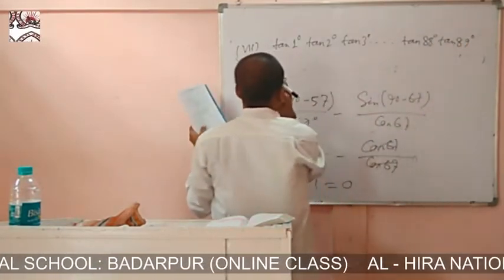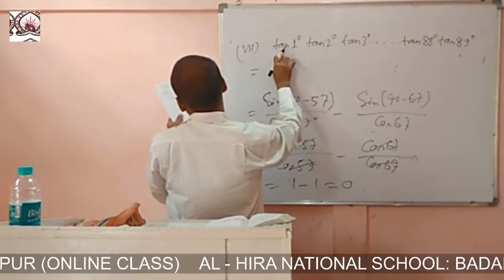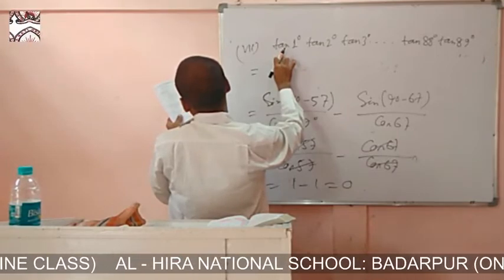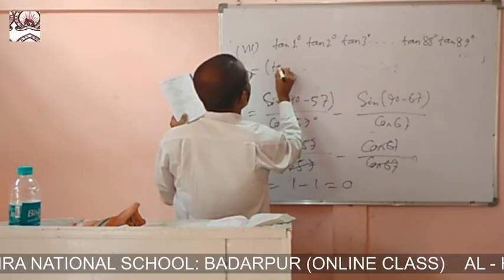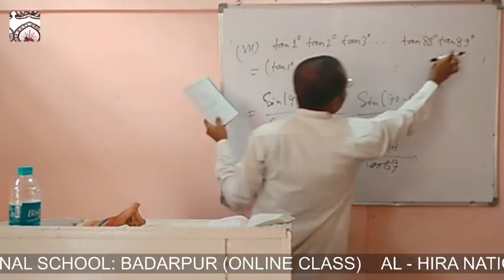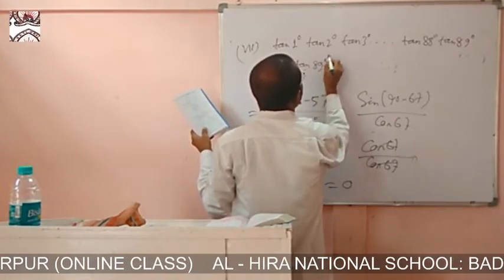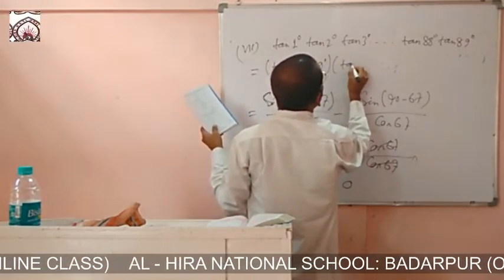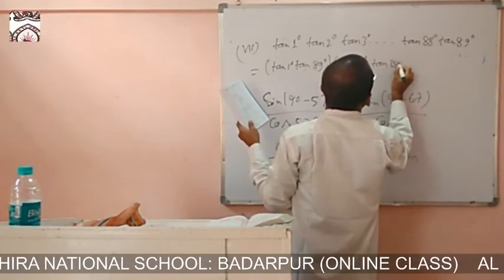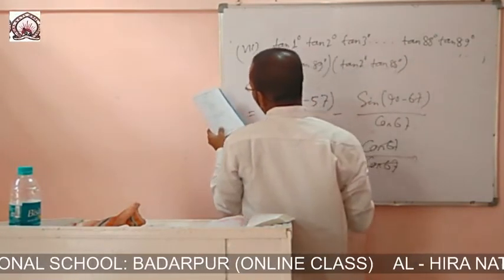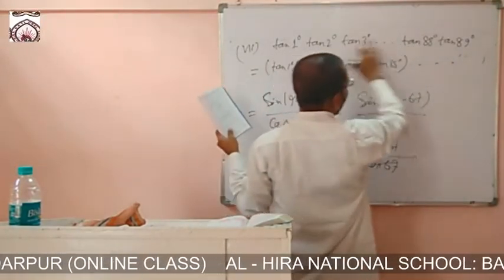So you see, like in your general mathematics, we can write tan 1 degree and from here we can bring tan 89. So tan 2 degree, from here we can bring tan 88, like this, dot dot dot, from 1 to 89.